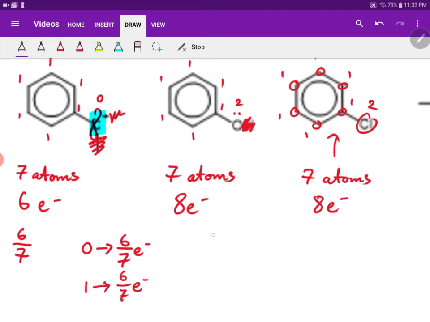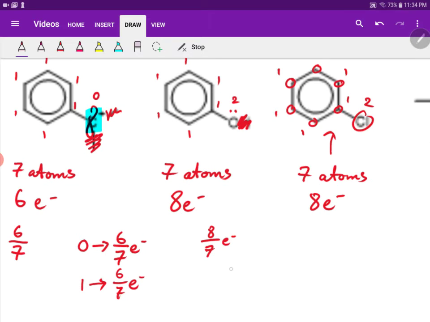Whereas in the other case, now we have 8/7 electrons. The oxygen atom went from 2 to 8/7, which is a decrease, while the ring went from 1 to 8/7 electrons, which is an increase.